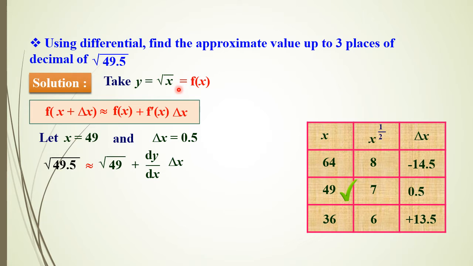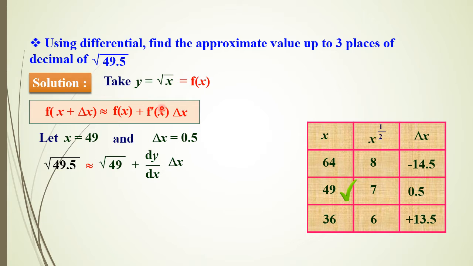The differentiation of root x is 1 divided by 2 root x, which is f dash of x. Otherwise it can also be written as delta y by delta x equal to 1 divided by 2 root x. Next, delta y by delta x equal to 1 by 2 root x; keep delta y there and multiply delta x to the right-hand side, so it becomes delta y by delta x into delta x.